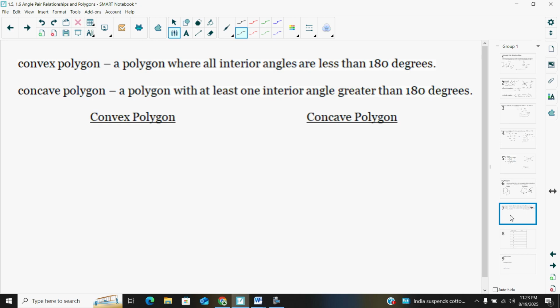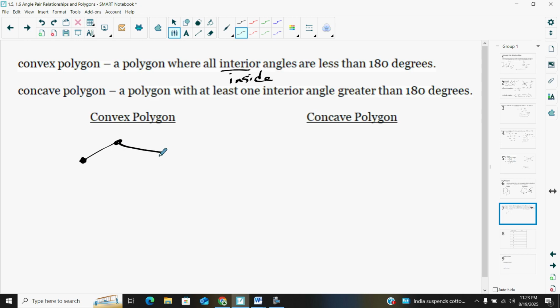We have a couple different types of polygons. We have convex ones and concave ones. Convex means all the interior angles are less than 180 degrees, which remember 180 degrees is straight across. So all the inside angles are less than 180 degrees.